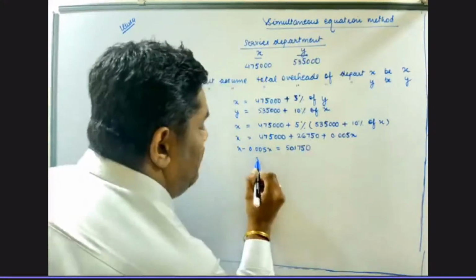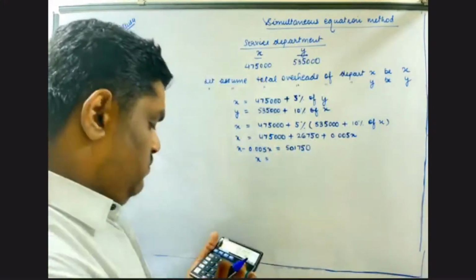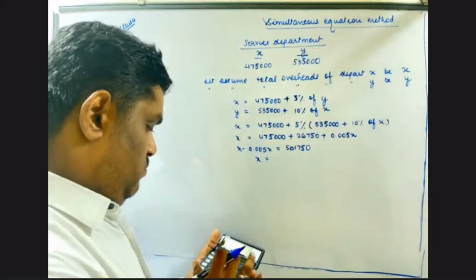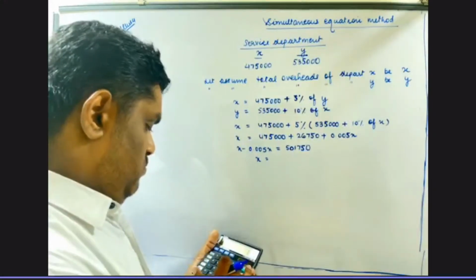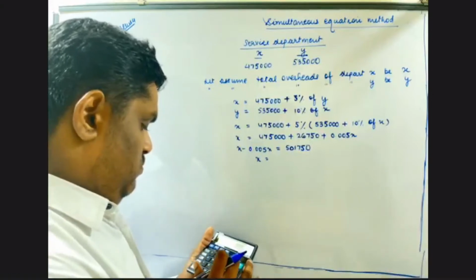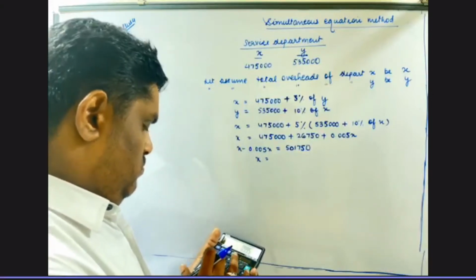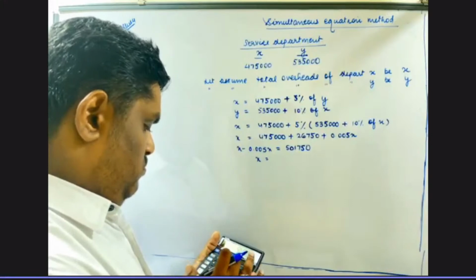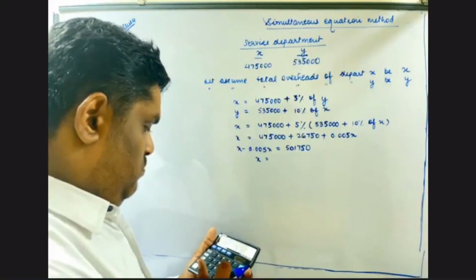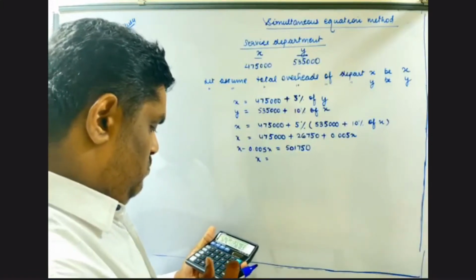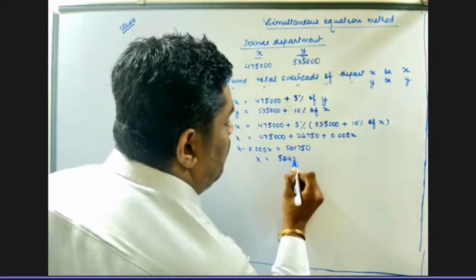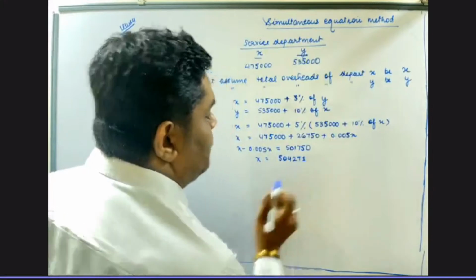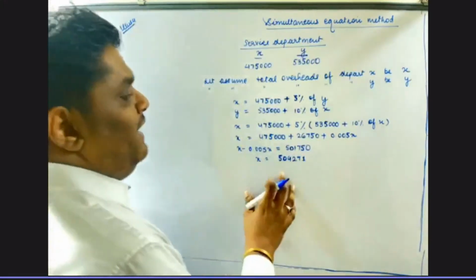So the value of x will be equal to 504,271. So this will be the value of x.